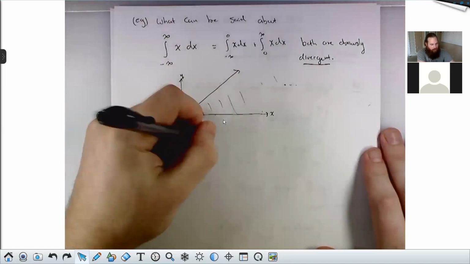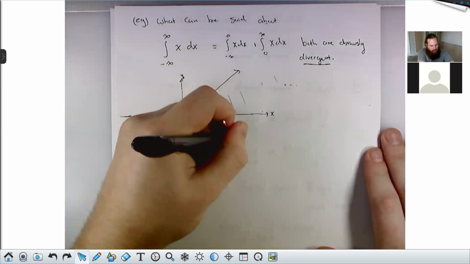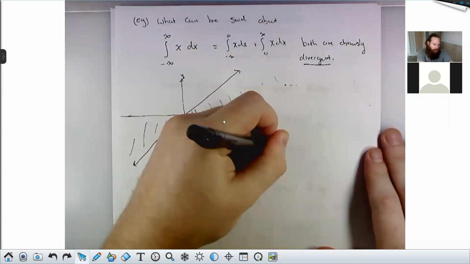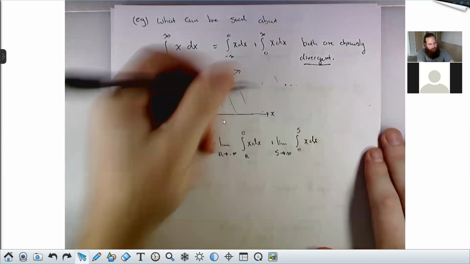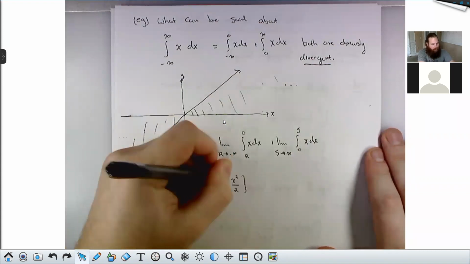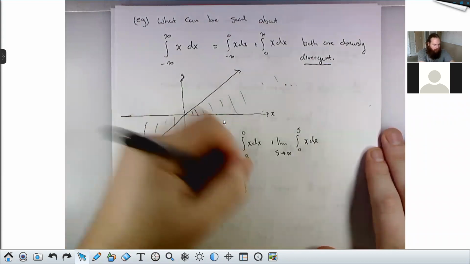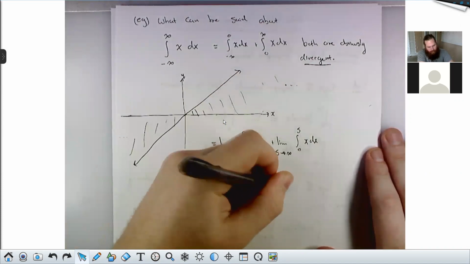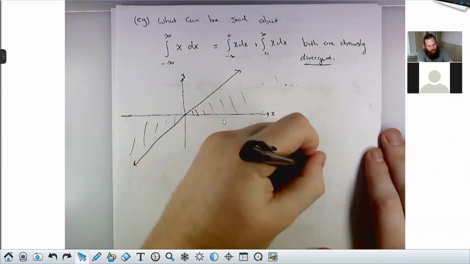So we can actually go ahead and do the computation. I'd write this as lim r to negative infinity integral r to 0 x dx plus lim s to positive infinity integral 0 to s x dx, which is x squared over 2, lim r to negative infinity, x squared over 2 from r to 0, plus lim s to positive infinity, x squared over 2 from 0 to s.